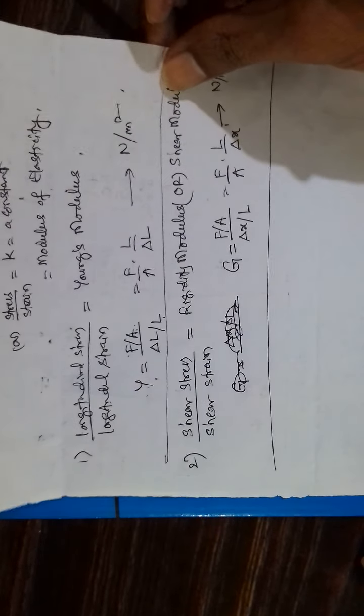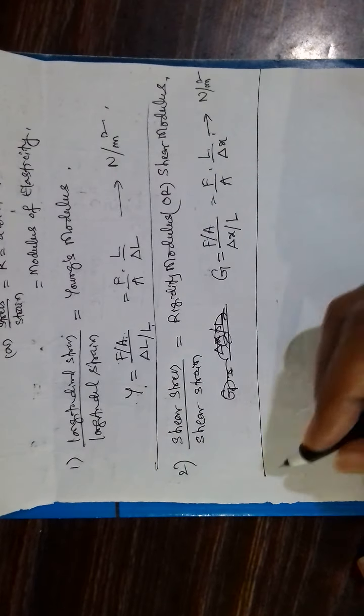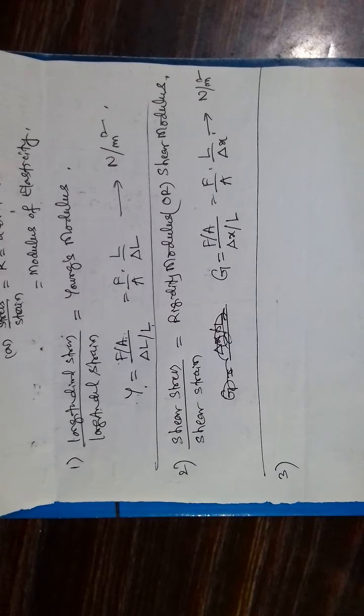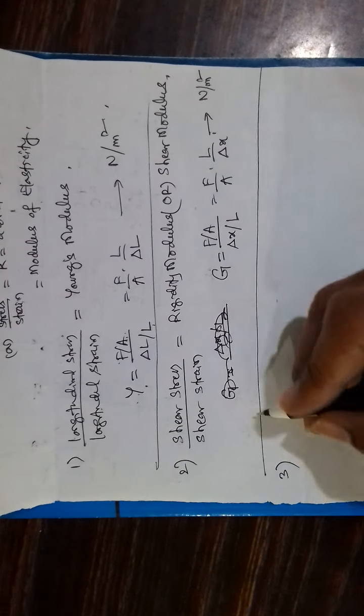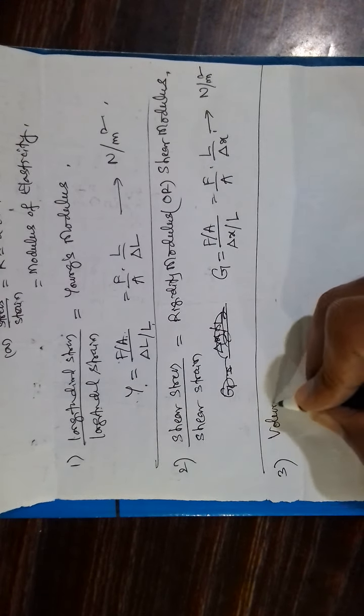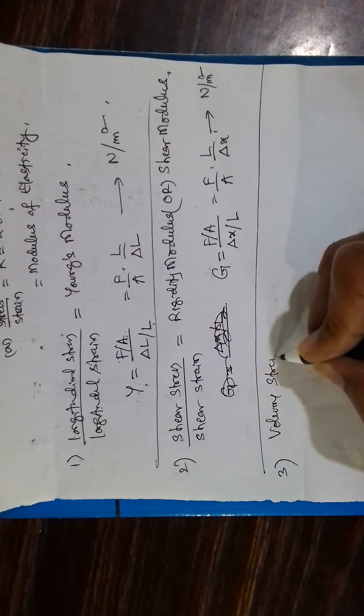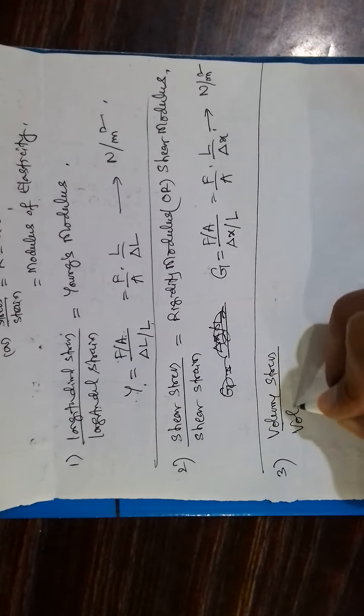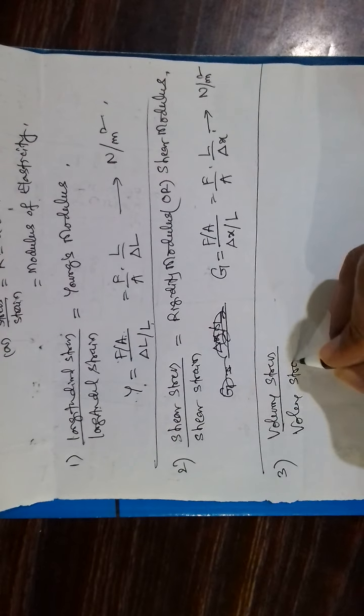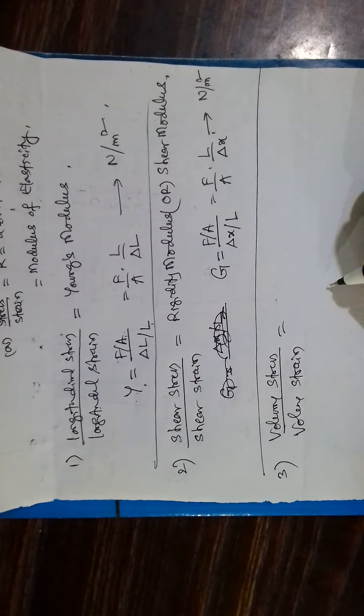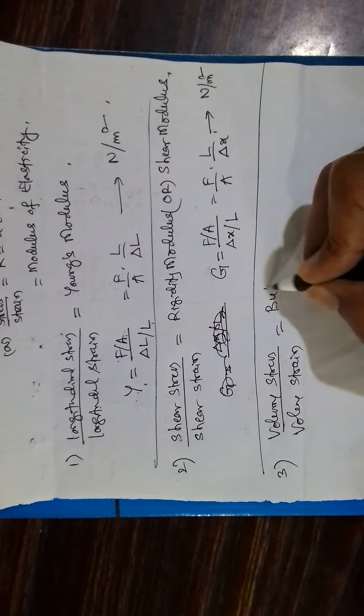another type of stress is what? Third type of stress is volume stress by volume strain. Volume stress divided by volume strain.